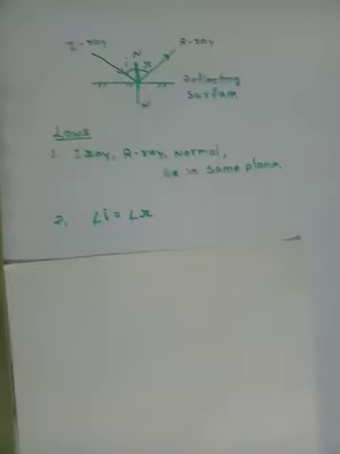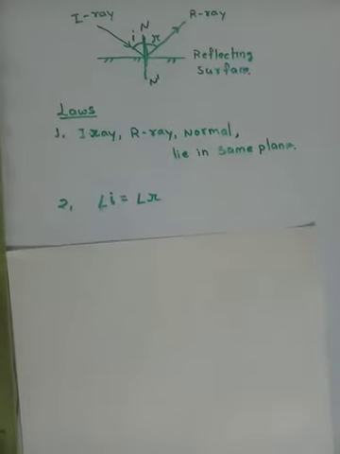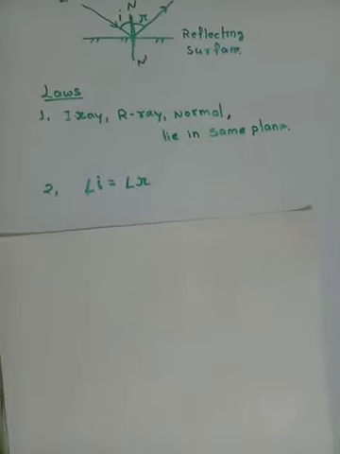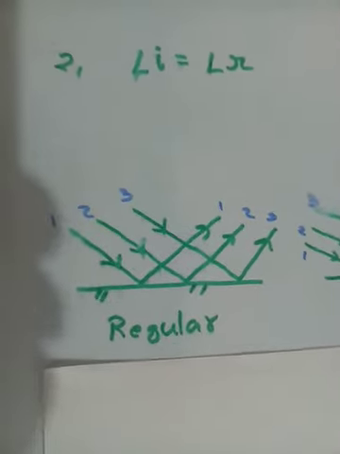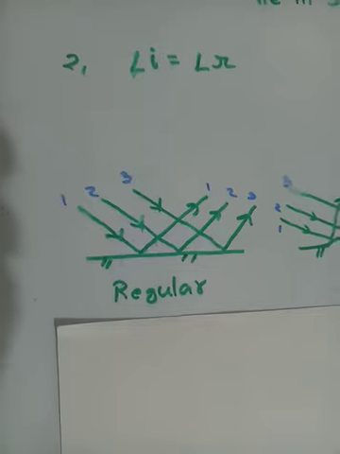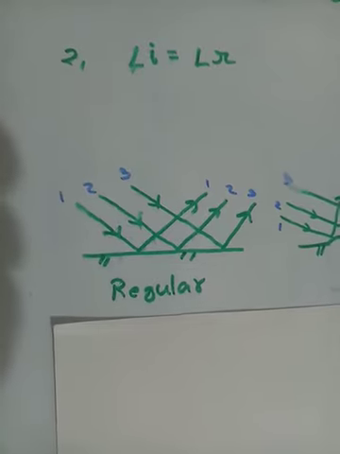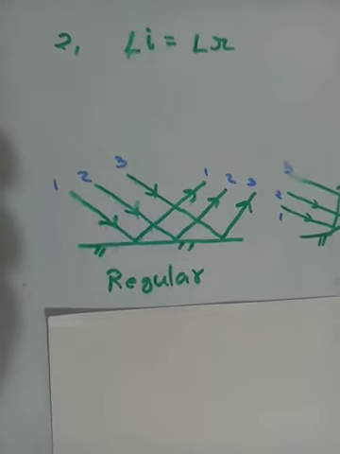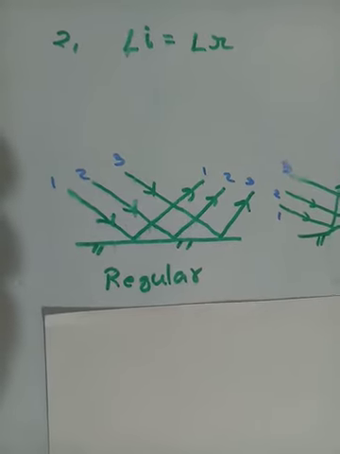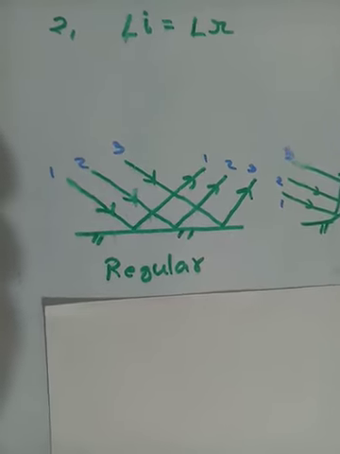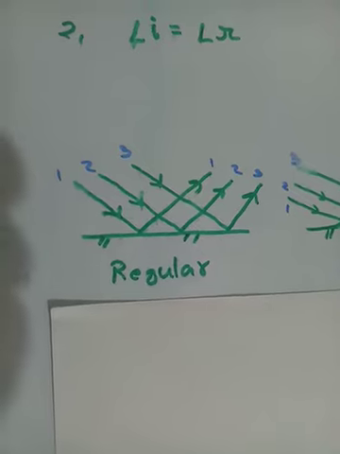See, in case of a plane regular surface, you can see this is a regular surface, a plane surface, and the rays of light, ray number 1, 2 and 3. Take your eyes towards the incident rays, the rays that are coming towards the surface. These are called 1, 2 and 3.